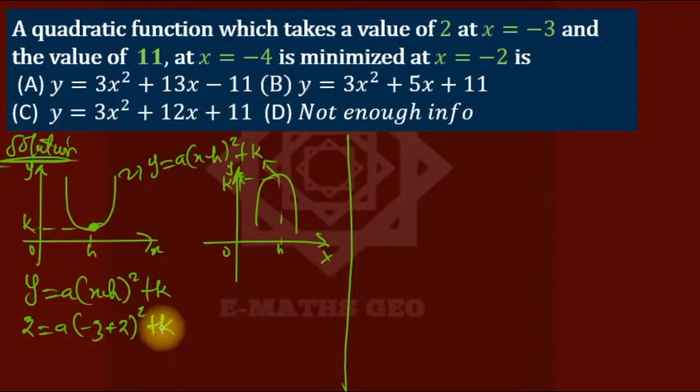If I solve this, 2 equals a times (-1) squared, and -1 squared is 1, so 2 equals a plus k.